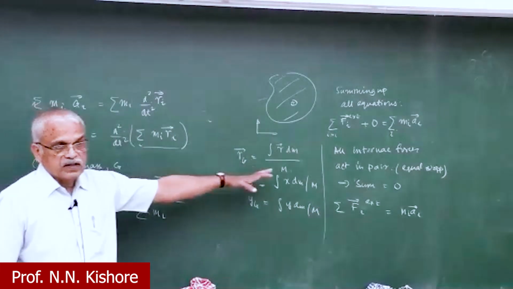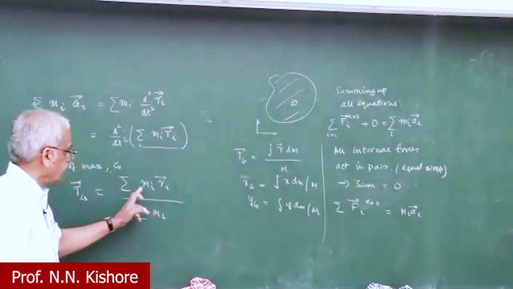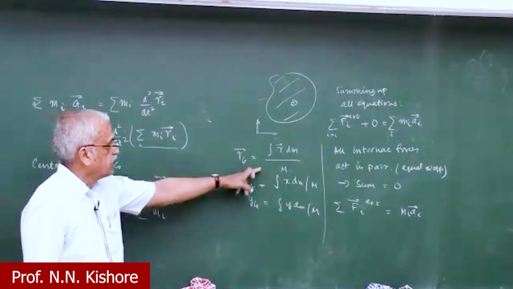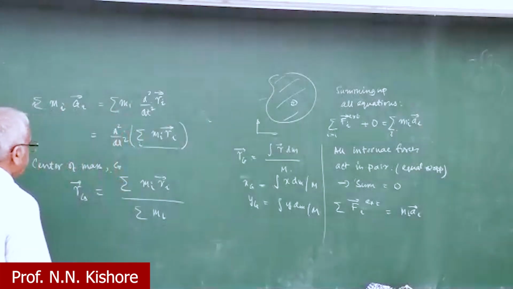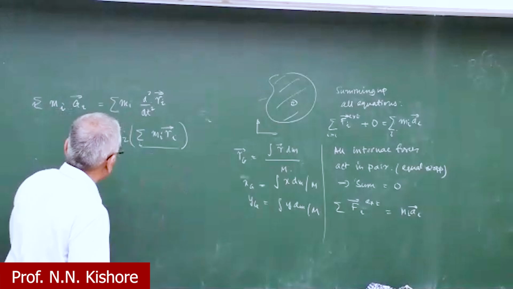So the implication of this equation is that when I have a number of particles like this, you have a center of mass G here. Now these forces are acting on each particle separately, and if they are moving, obviously G is also moving.